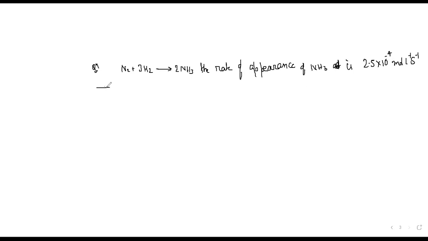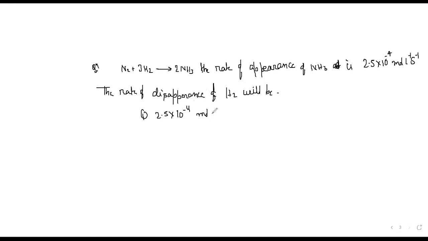The rate of disappearance of H2 will be: first option, 2.5 into 10 to the power minus 4, unit mole liter inverse second inverse.